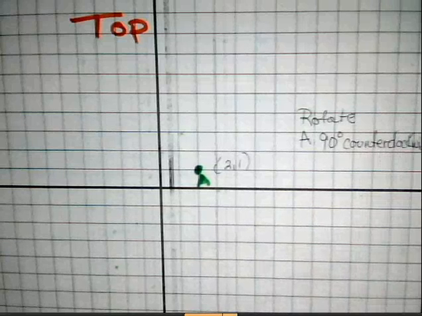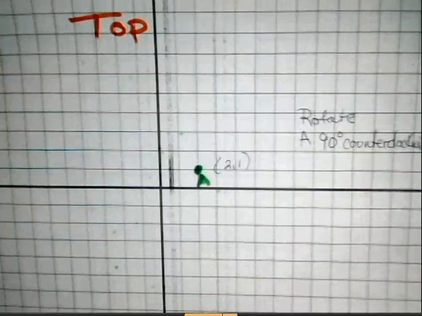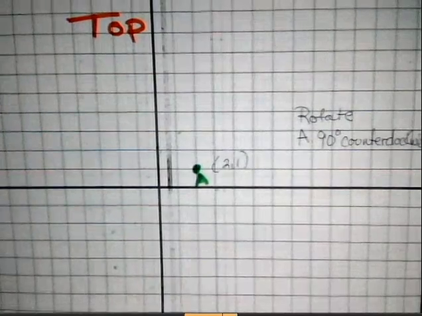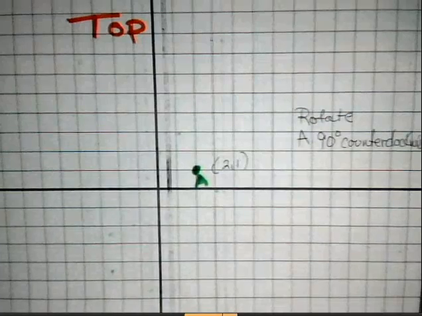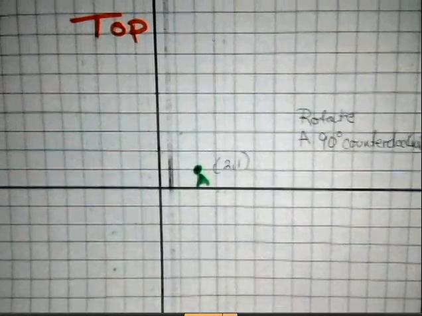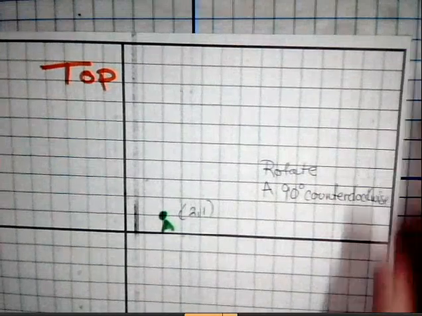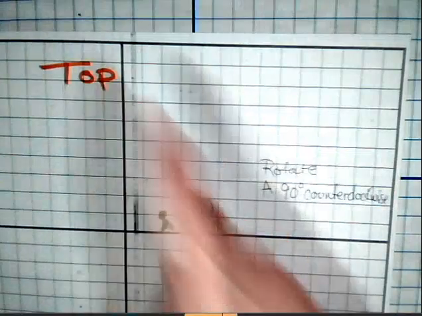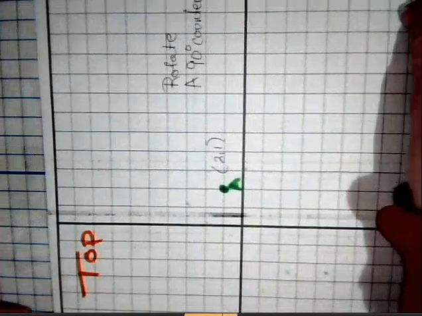Well, I'm going to take my paper, and my paper is a rectangle, so if I'm rotating it 90 degrees counterclockwise, I'm going to rotate it a quarter of a turn counterclockwise. So if you watch the corner of my paper here, it's going against the clock. So I'm going to rotate it a quarter of the way counterclockwise, and then I'm going to read the coordinate.